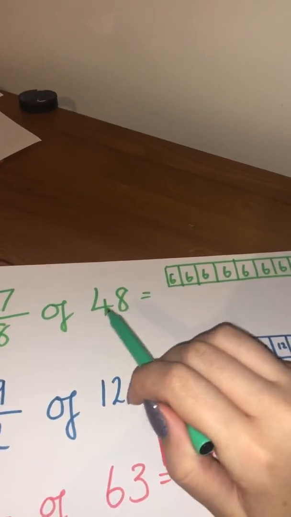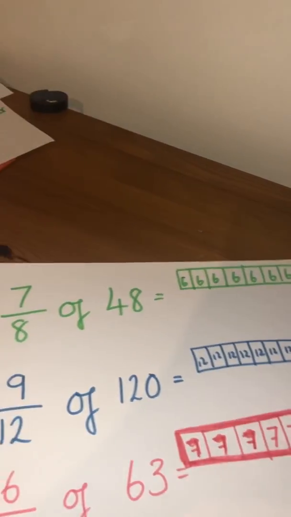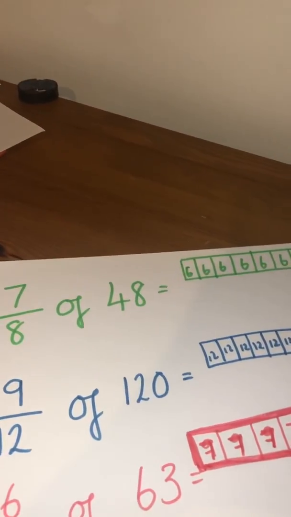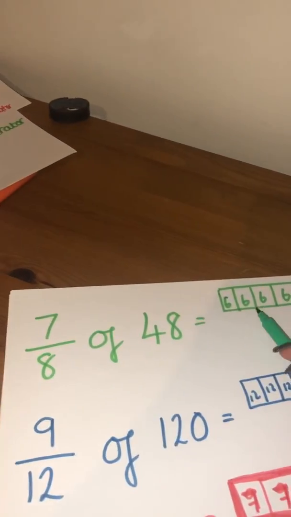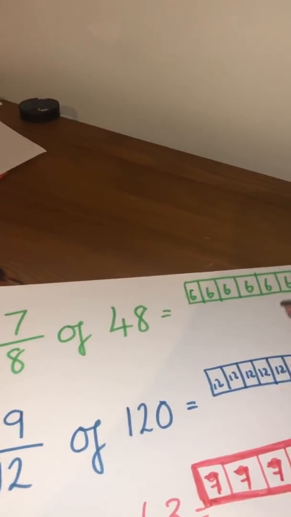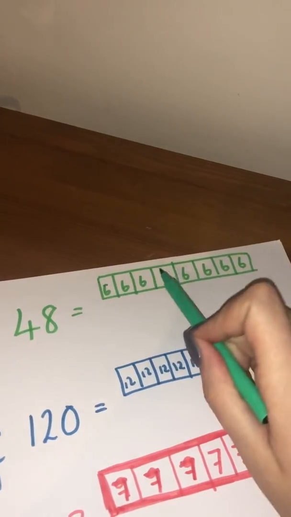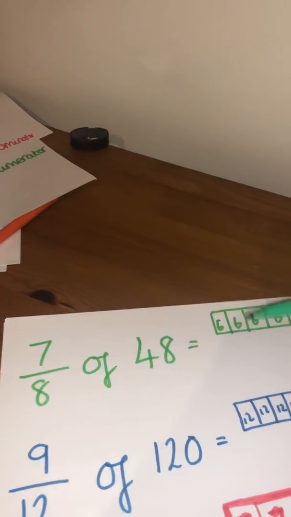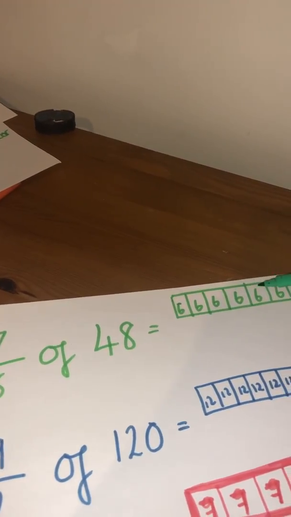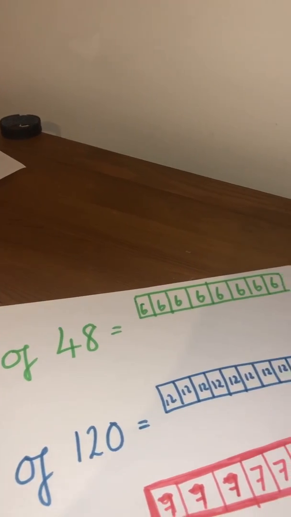So 48, and there's 8 parts. So I drew a bar with 8 parts, and I thought to myself, using magic maths, how many times do I know that 8 goes into 48? Now I knew that 6 times 8 was 48, therefore I knew that in each section of my 8 bars I was going to have 6. Now the question asked me for 7, so 1, 2, 3, 4, 5, 6, 7 of those bars.